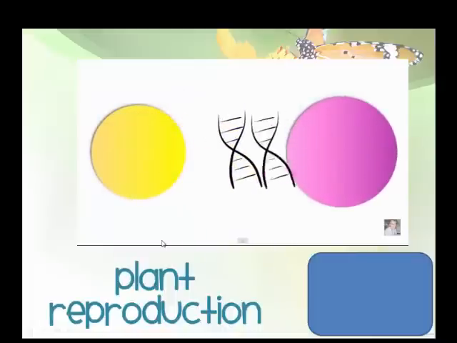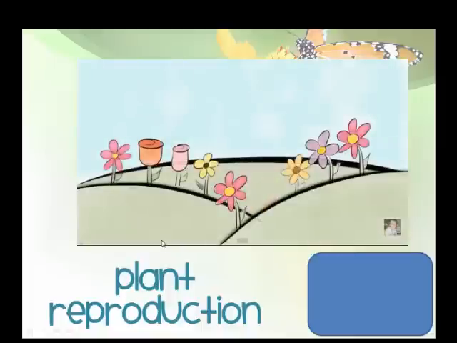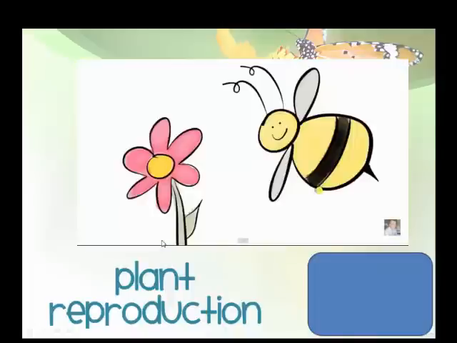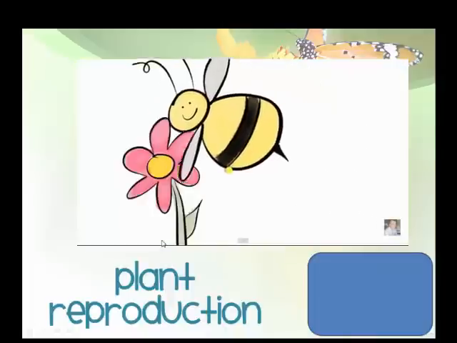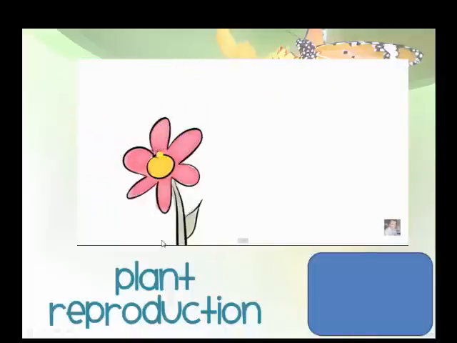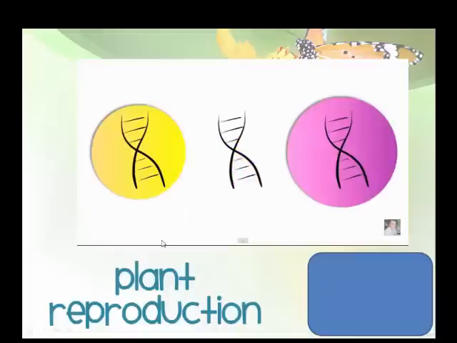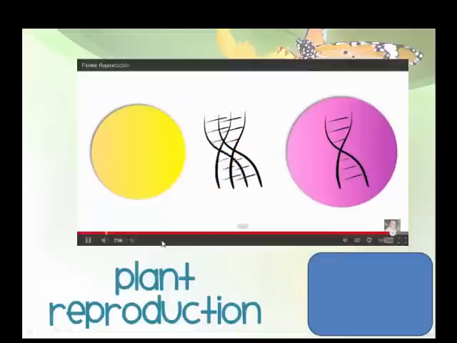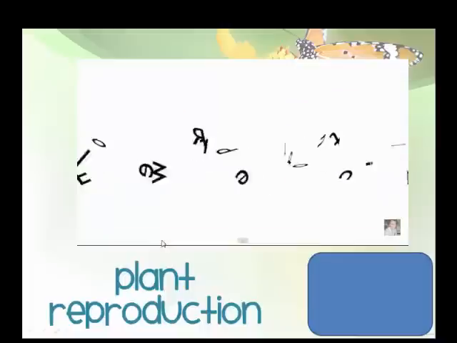The development of a seed begins. If conditions are favorable, the newly developed seed will grow into an adult plant. Flower reproduction can be summarized as pollination, followed by fertilization. Plant reproduction.